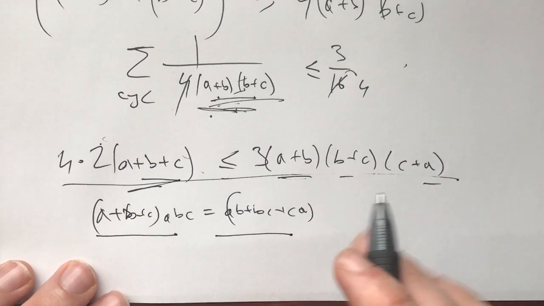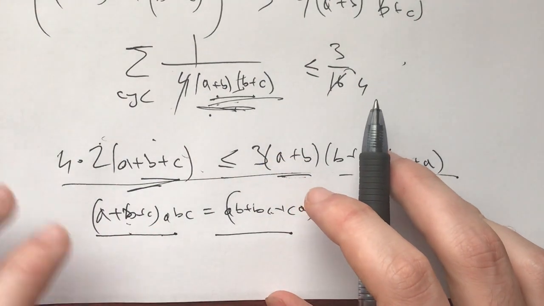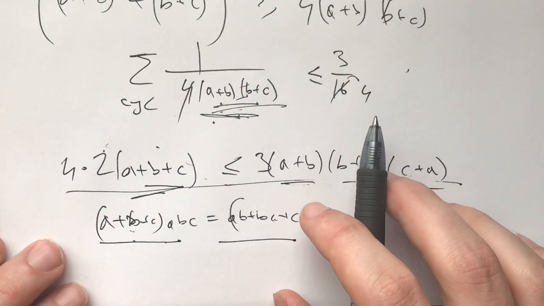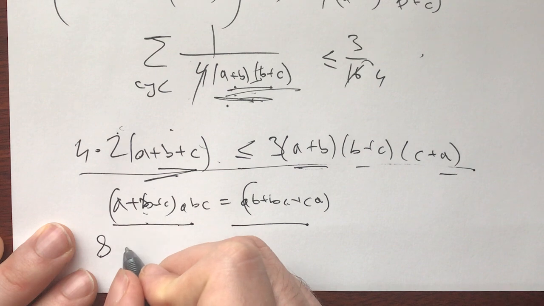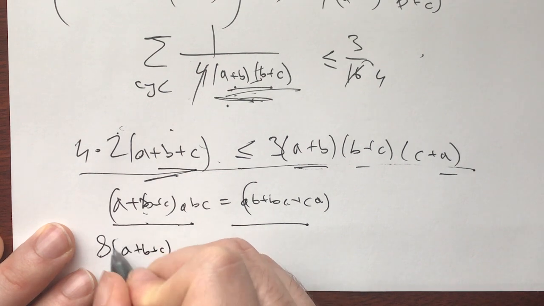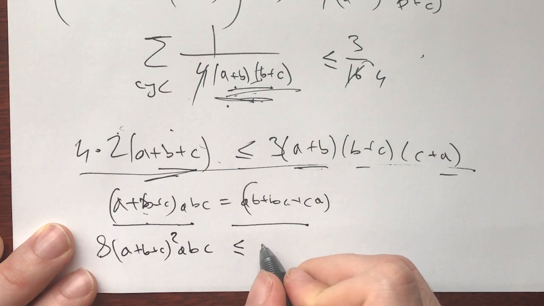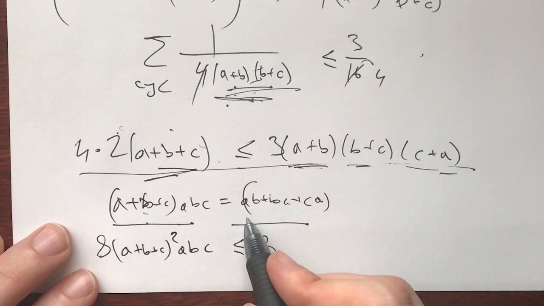Well, in that case, we can multiply this side by this and this side by that, have a homogeneous inequality, and then we can look at what we need to prove. And actually, let's do that. We have 8 times a plus b plus c squared times abc needs to be less than or equal to 3 times ab plus bc plus ca times this.